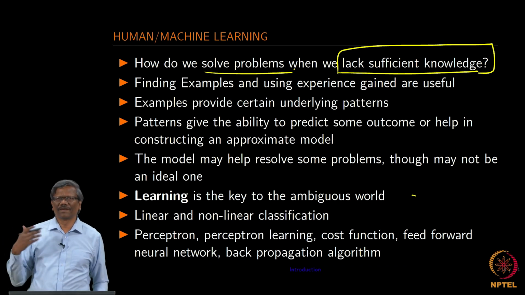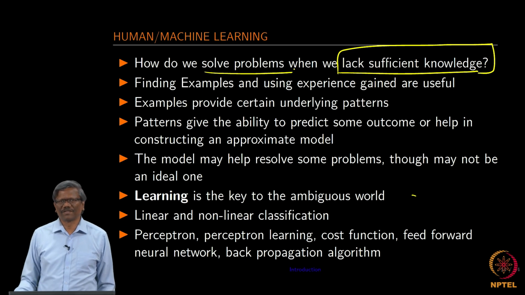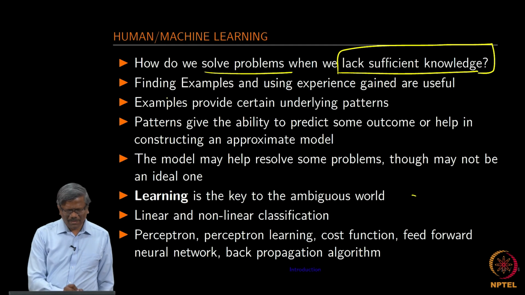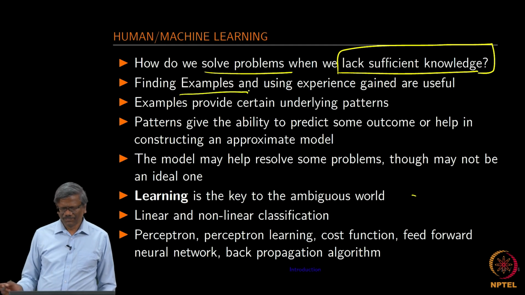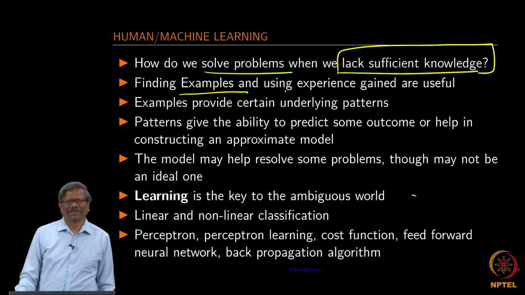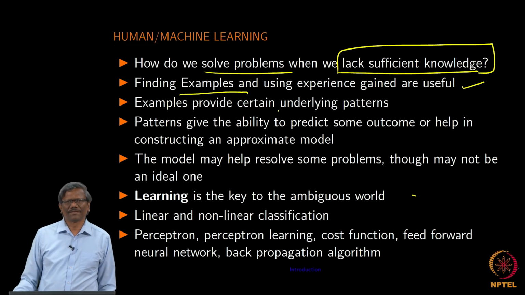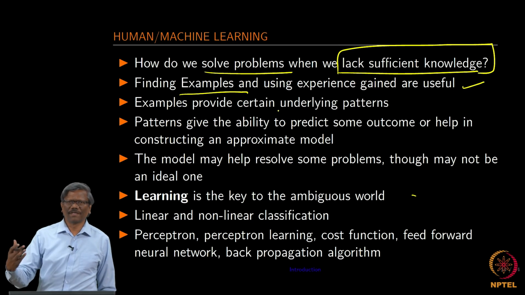We start reading more, we start listening to new lectures and so on. And then we start looking at examples, and we start looking at the experience that we have gained. These are certain things that are helpful in terms of learning. And then examples really provide certain underlying patterns, based on what is already available in the corpus.